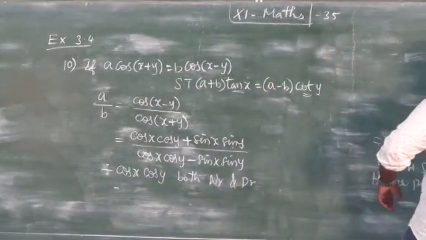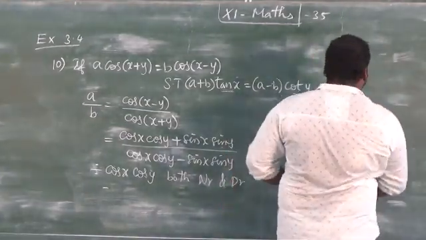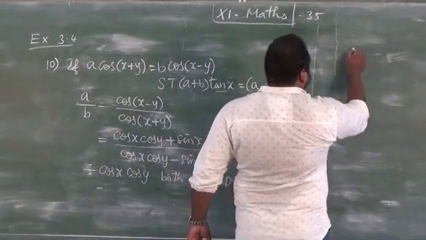So on the right-hand side, in the numerator and denominator, I am going to divide by cos x cos y.